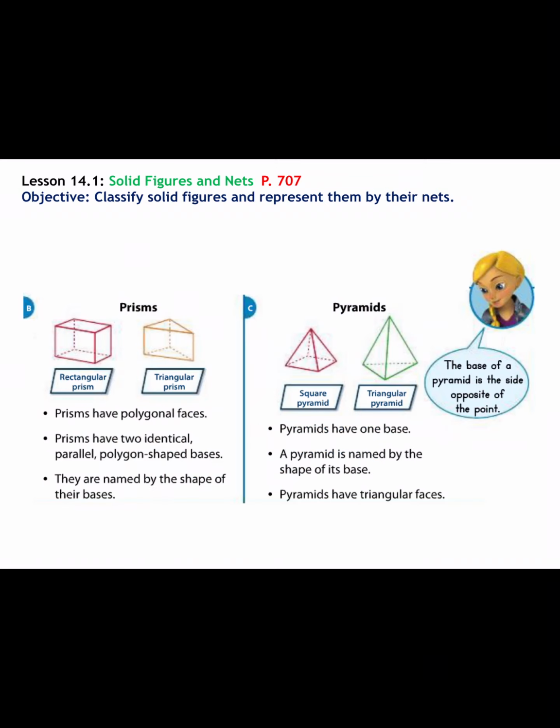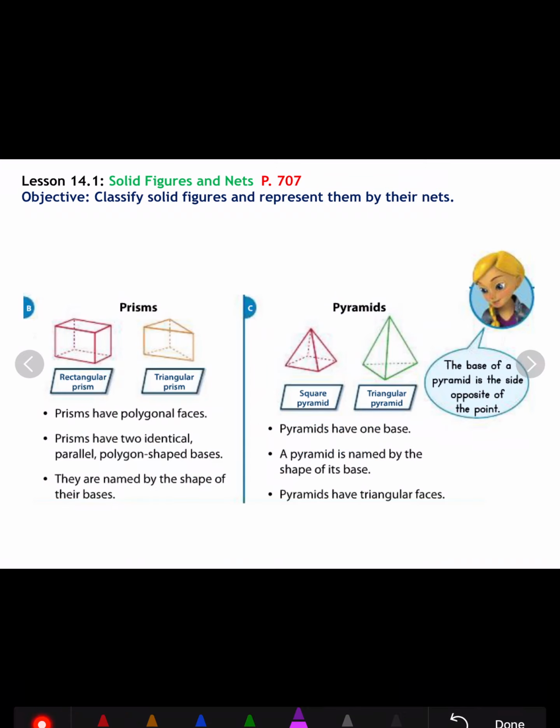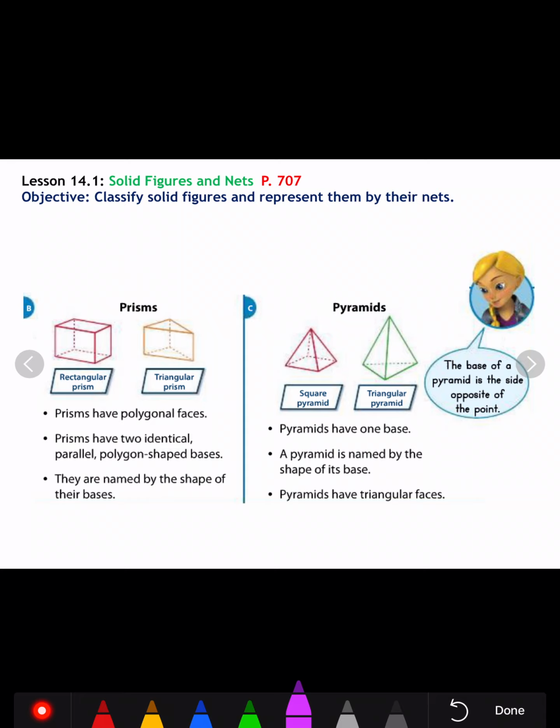Now in this lesson, we're going to focus on 2 kinds of polyhedrons, which are prisms and pyramids. Here are the properties of prisms and here the properties of pyramids. Prisms have polygonal faces and pyramids have one base. Now the most important difference is that pyramids have one base.